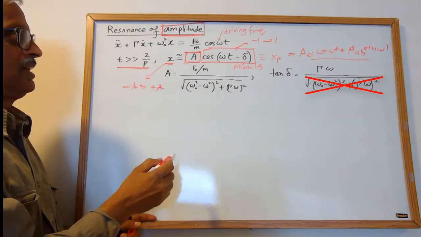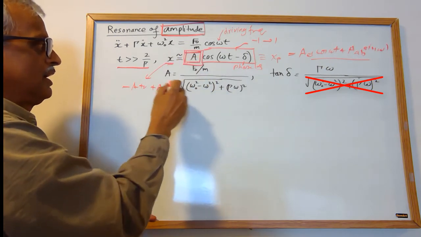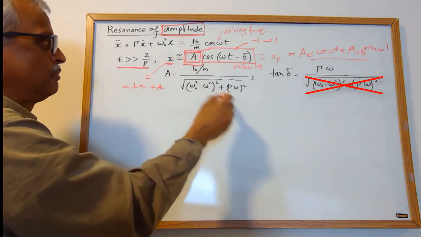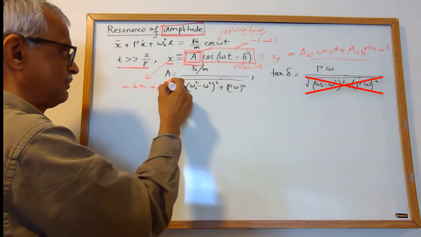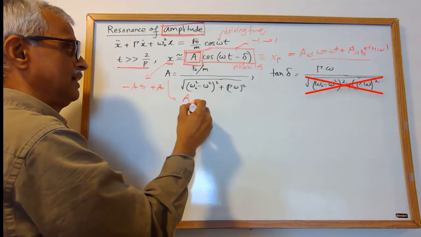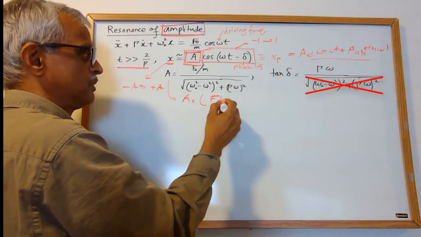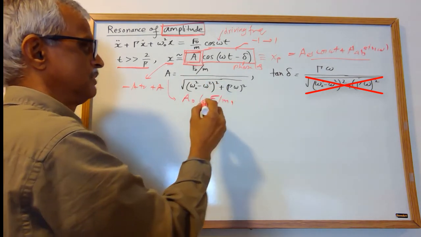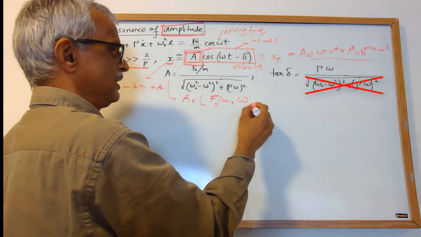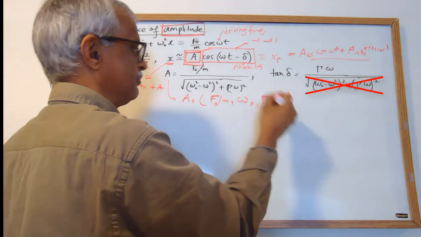So we want to see how A varies as omega varies. If you look at A as a function, you might say it's a function of a whole bunch of properties. It's a function of F0 over M as one property. It's a function of omega 0, function of gamma, and function of omega.